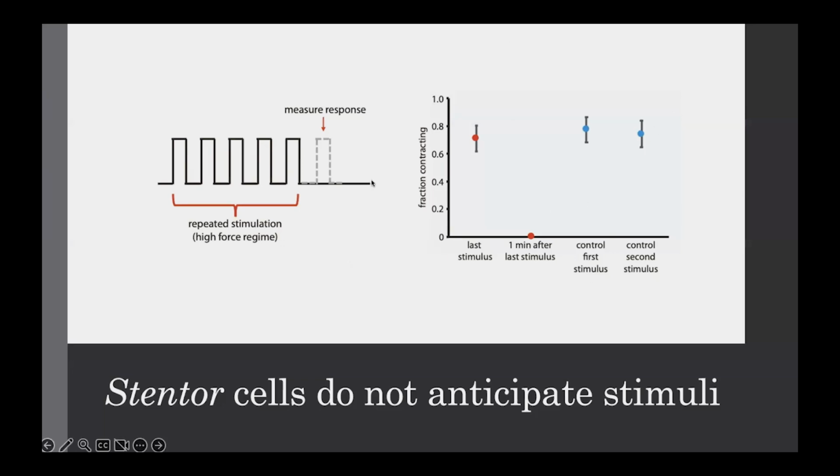Now moving to the results, on the y-axis we have again the fraction of cells contracting on a population level. And we have the number of cells that contracted at the last stimulus. Most of them are still contracting. They have not habituated yet. And 1 minute after the last stimulus, they're not really contracting because they didn't actually get the stimulation. So they're not contracting in anticipation of getting another tap.